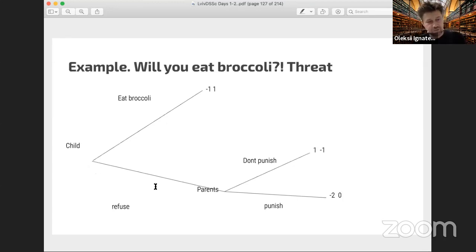But if the child still refuses to eat broccoli, then the parents have a dilemma: punish or do not punish. And they don't want to punish actually, because punishment is bad. So when the threat is not working, then you need to pay to make it reality.